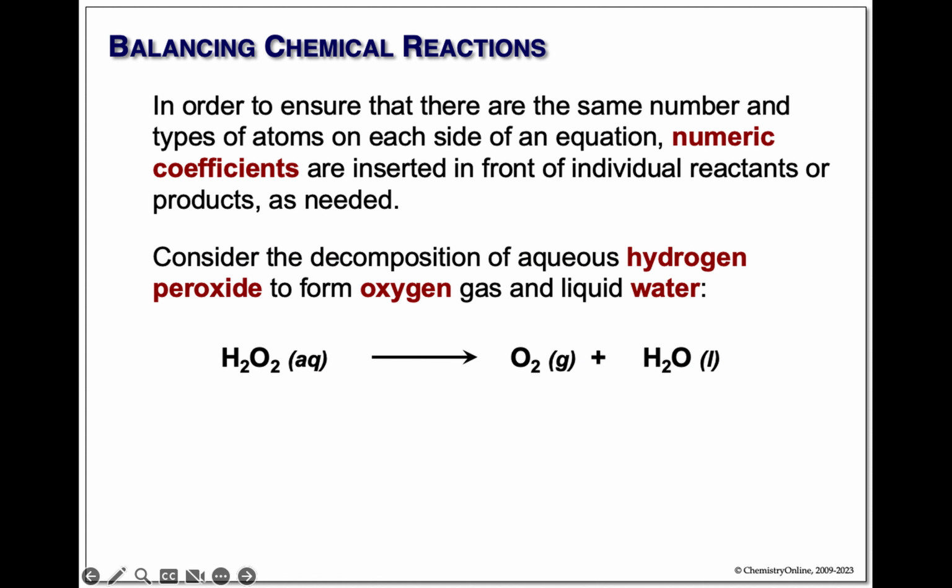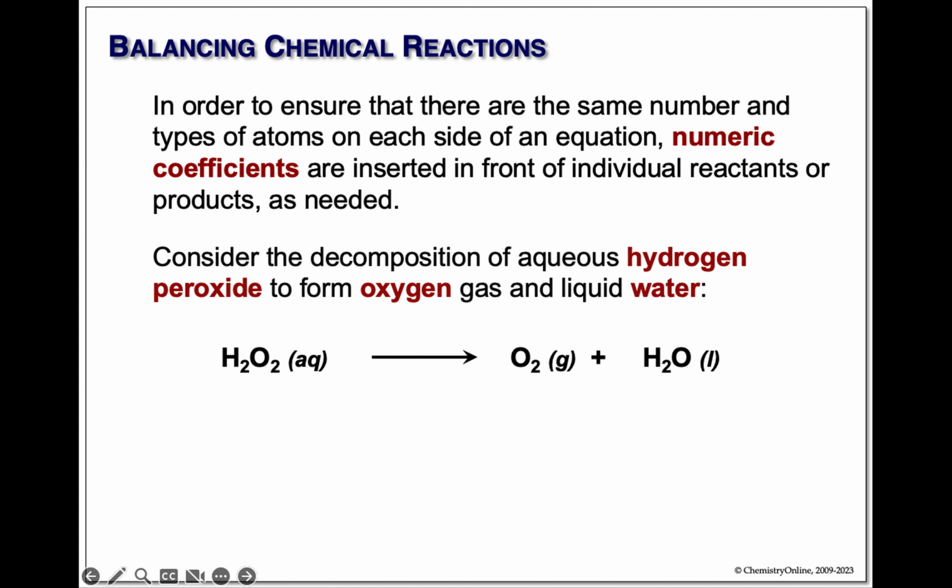Now, this equation is not balanced. We have 2 hydrogens here, 2 hydrogens, that's good. 2 oxygens, but here we have 1, 2, 3 oxygens. The sum of the oxygens are odd on this side and even on this side.